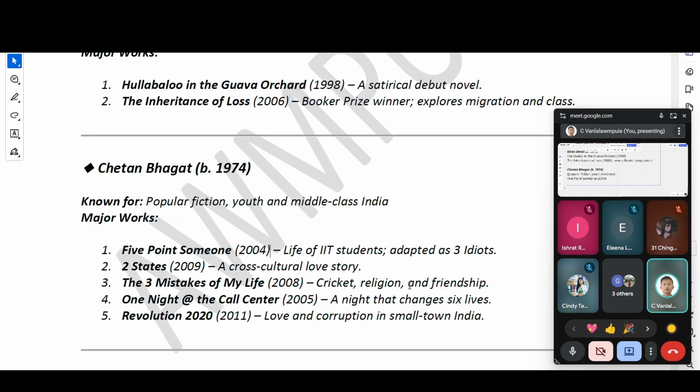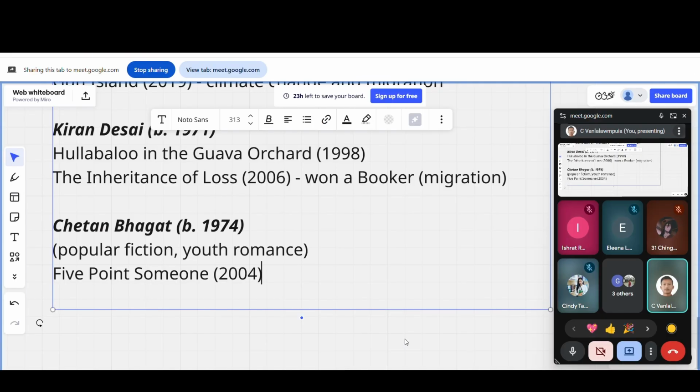What does the book talk about? Have you heard about the Three Idiots movie? Yes, the Three Idiots movie is based on Five Point Someone. It talks about the life of IIT students, because he's from IIT Delhi.